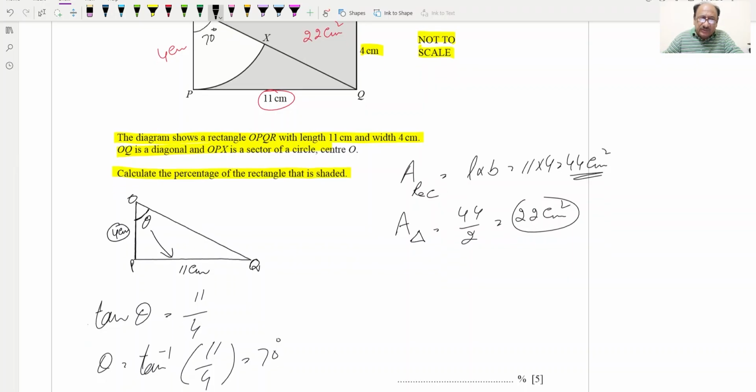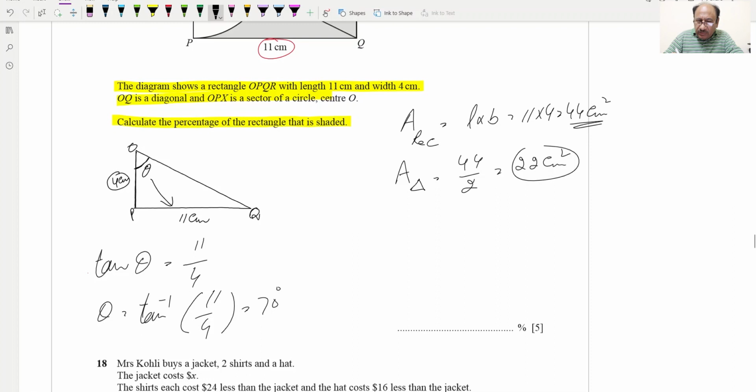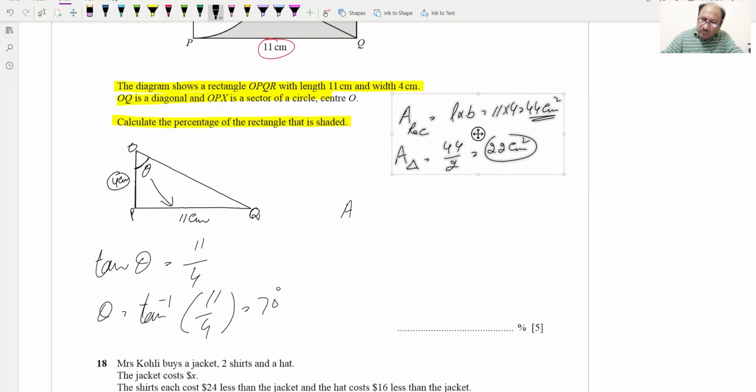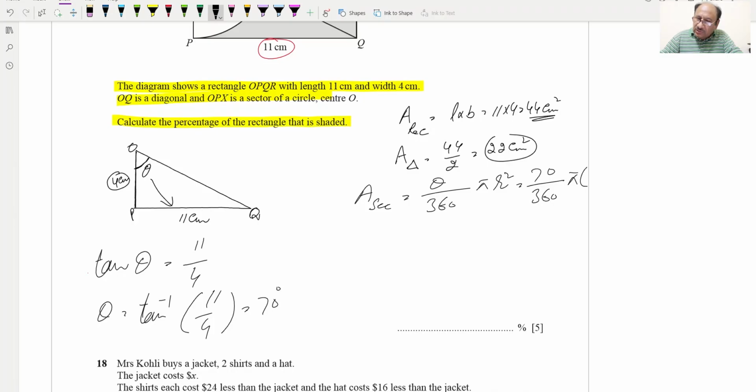Now we can find the sector area. So area of the sector is equal to theta over 360 into pi r squared, and theta is 70 degrees. So 70 degrees over 360 into pi, and radius is 4, so 4 squared.